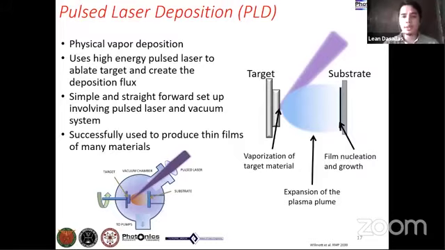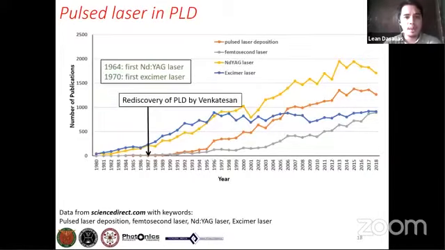So this is a natural consequence of the pulse laser ablation. Since in pulse laser ablation we have a material removal scheme, in pulse laser deposition we put a substrate opposite to the target surface so that the ablated material will recondense on the surface of the substrate to create thin films.